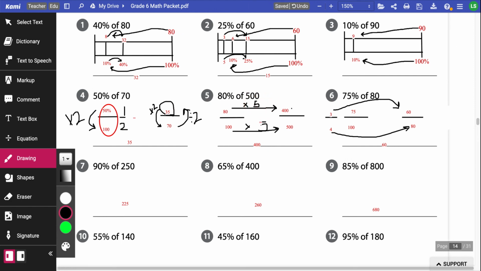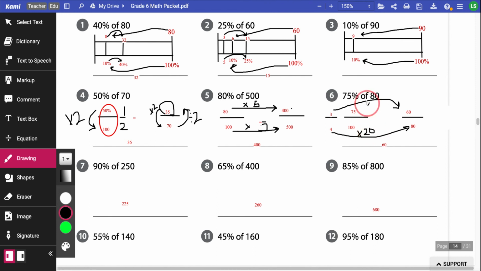Okay. Last one for 75% of 80. I noticed here that 75 hundredths could be simplified down to 3/4. And that was helpful because, again, 80 is not a factor of 100. But when I simplified 75 hundredths down to 3/4, I noticed that I could multiply the denominator of 4 by 20 to get 80.